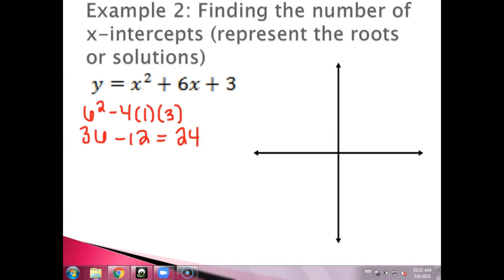All we care about is the sign. So since the discriminant is positive, that tells me I have 2 real x-intercepts. We know how to find these because we know how to factor.